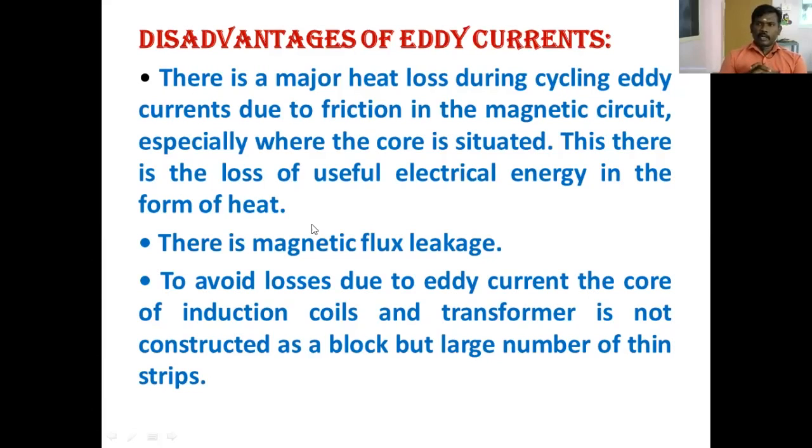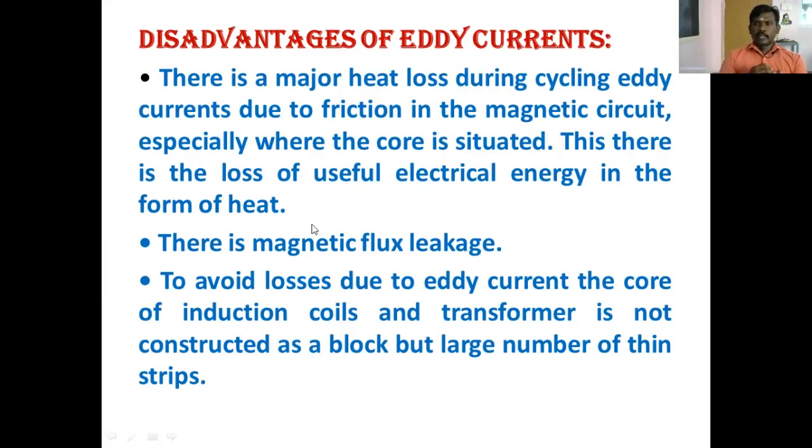We do not use thick metal because an enormous amount of heat energy is produced, and we cannot convert the total magnetic energy into electrical energy. So for that purpose we use a number of thin strips.